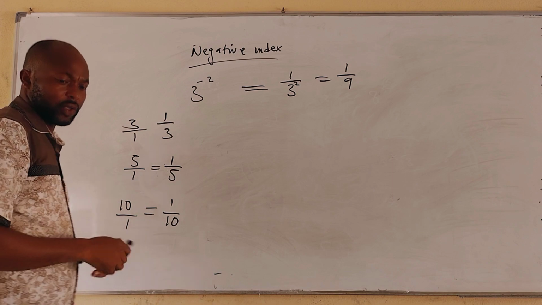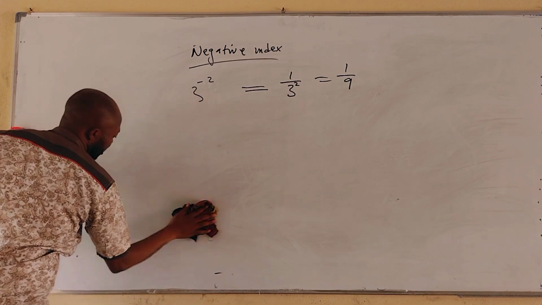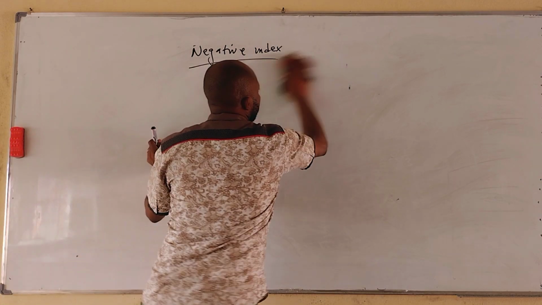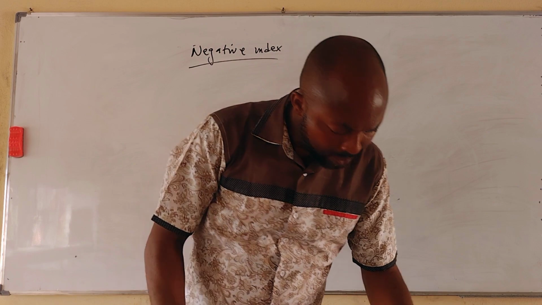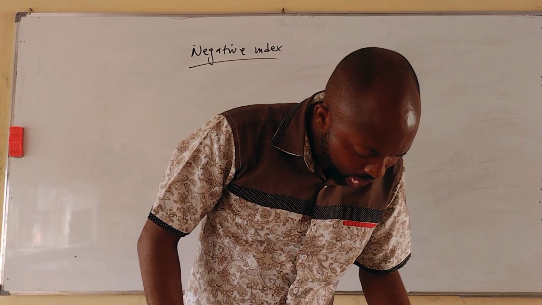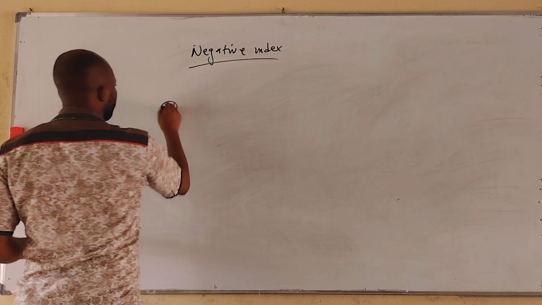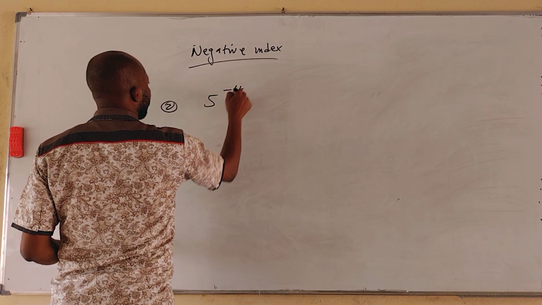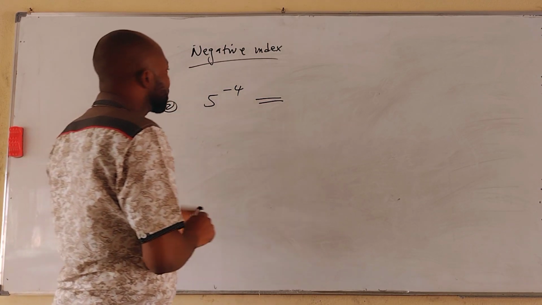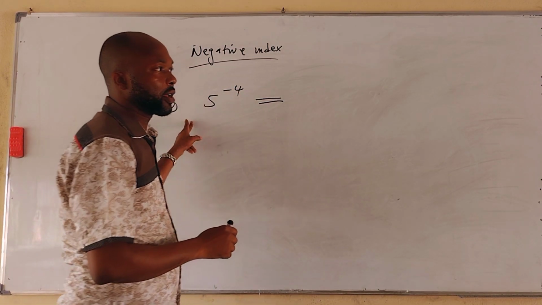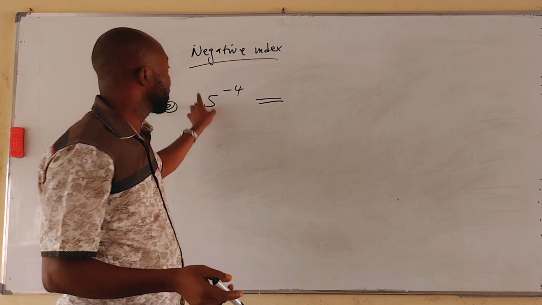And so on. Let's take another example, in case we don't get this well, we can understand it that way. Let's look at another one. Example 2: 5 raised to the power minus 4. This is equal to, when a number is raised to a negative index, it is equal to the reciprocal of that number raised to the same positive index.